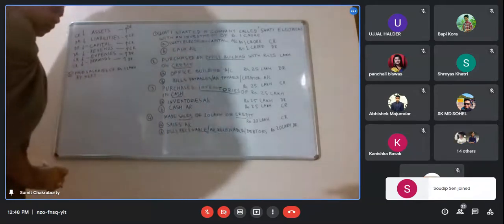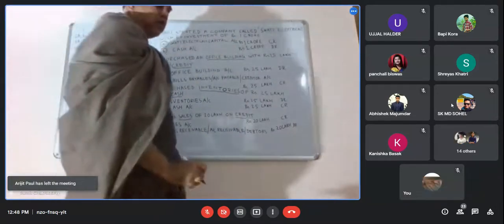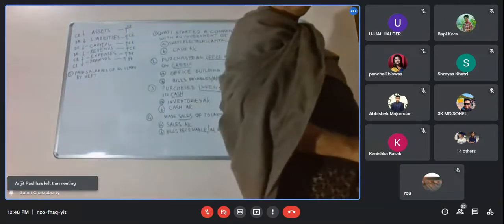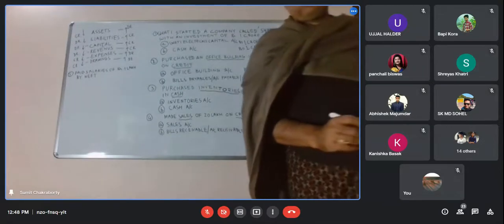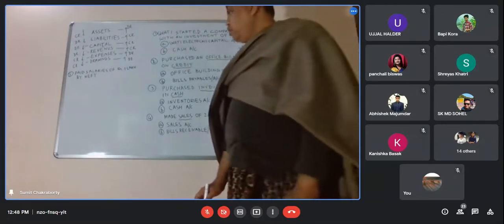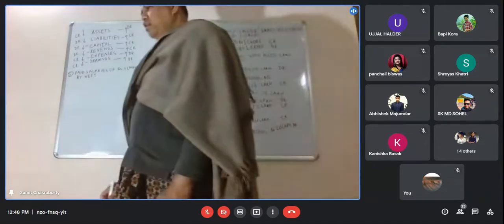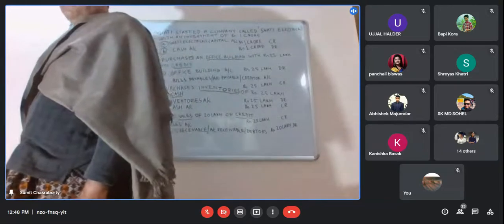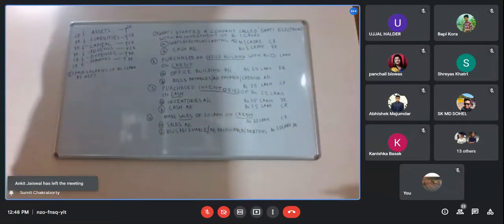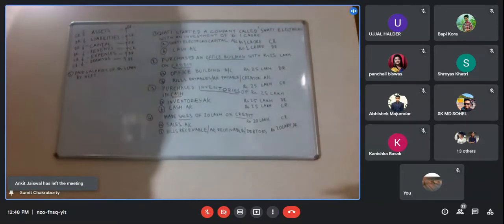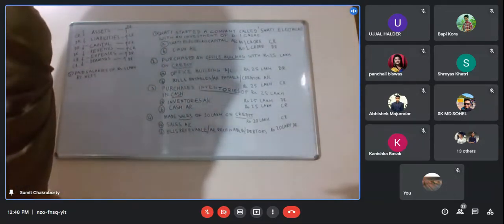What is NEFT? National Electronic Fund Transfer. You do that quite often. NEFT, right? So what does it do? Within 24 hours maximum, within a few hours, it actually gets transacted, transferred. But we say maximum 24 hours.